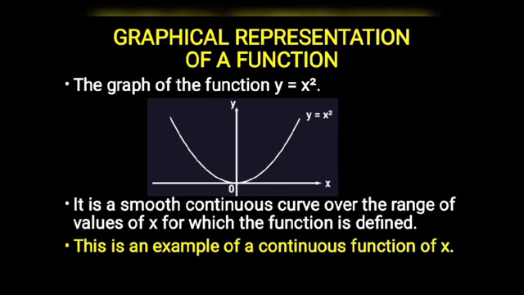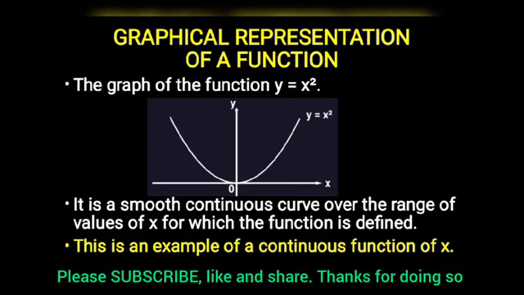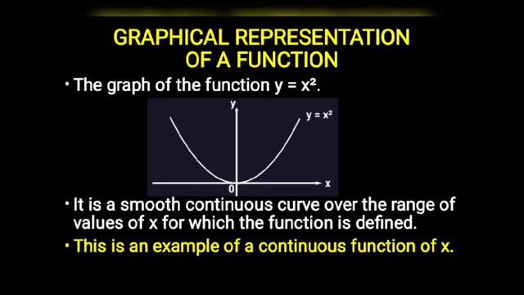Now let's move on to graphical representation of a function. The graph below shows the graph of the function y is equal to x squared, and it is a smooth continuous curve over the range of values of x for which the function is defined. So note that this is an example of a continuous function of x.